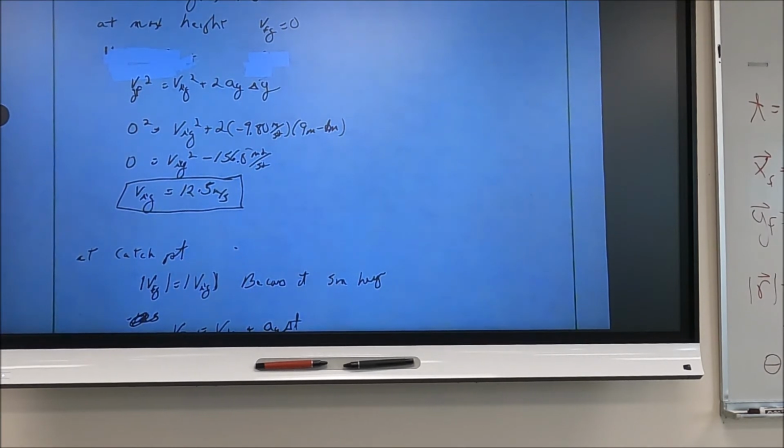So 0 squared equals v initial y squared plus 2 times minus 9.80 meters per second squared times 9 meters minus 1 meter, because remember we're launching from y initial is 1 meter. So solving that, I get v initial y to be 12.5 meters per second. Now that's its magnitude, but we know from our drawing that we're launching up.